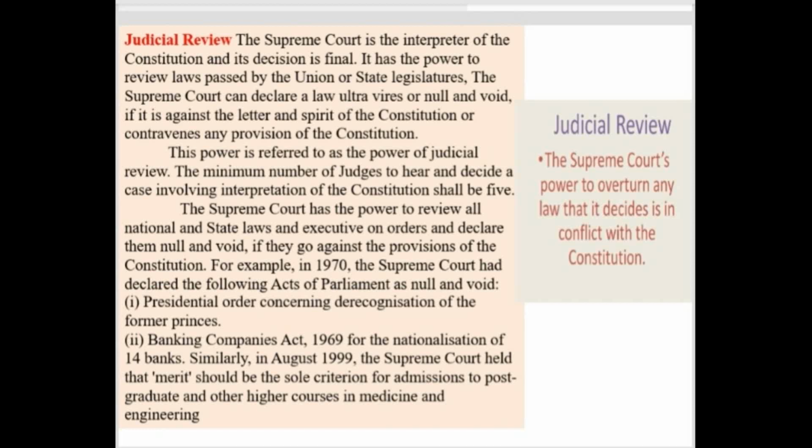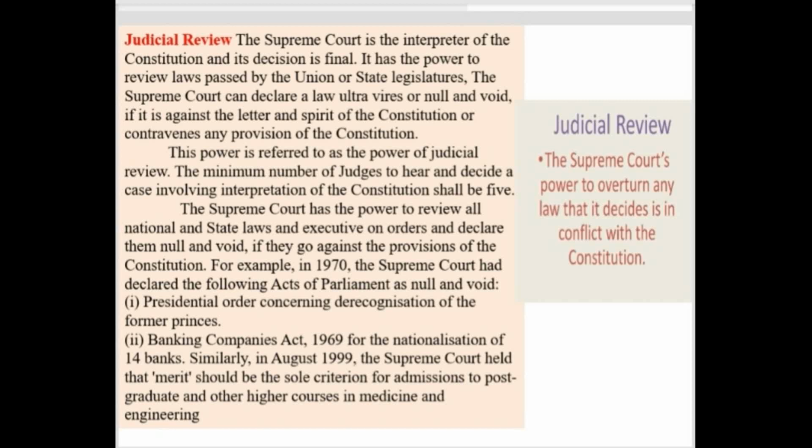So suppose central government or state governments make some laws in their respective legislative houses. After making these laws, who knows, they might have included some unconstitutional provisions in it. So Supreme Court, by the power of judicial review, can review any laws made by such central or state legislatures.